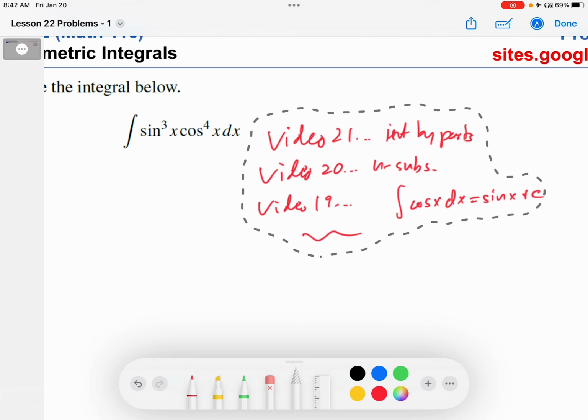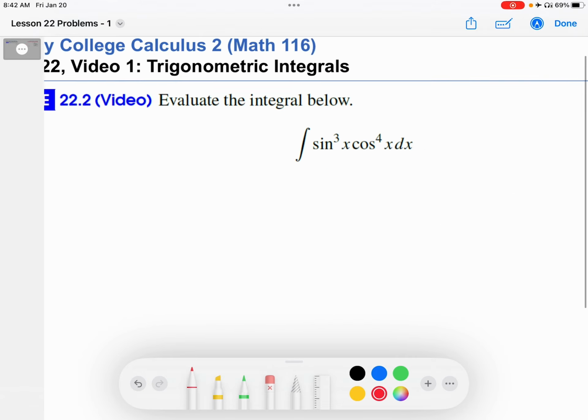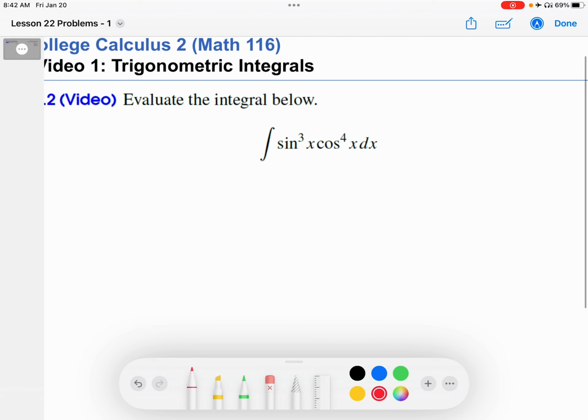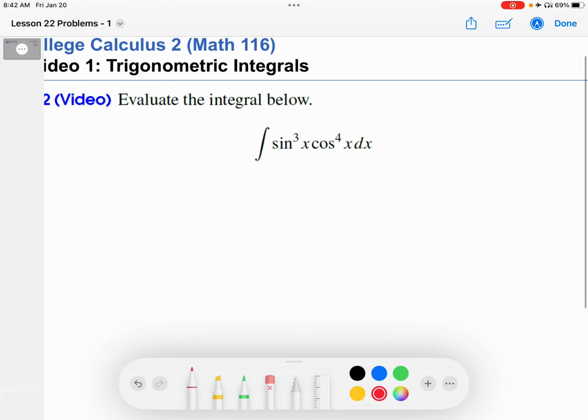So let's talk about this example specifically and what to do to solve this integral. First thing I'll mention is that in the lesson notes for this lesson, lesson 22, I have pretty explicit and detailed guidelines for how to handle the different cases of what could happen here. What are those different cases? Well, there are really three of them.